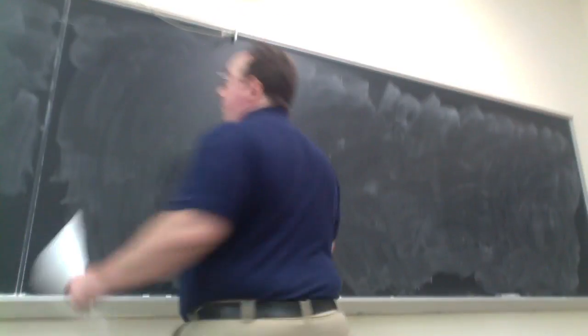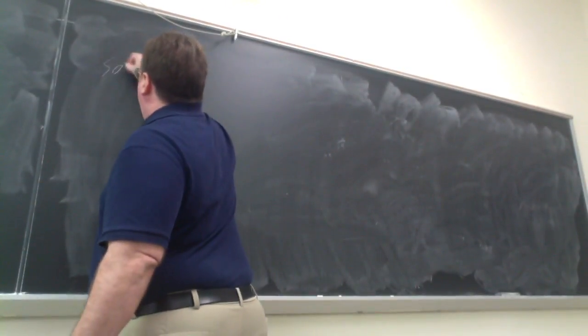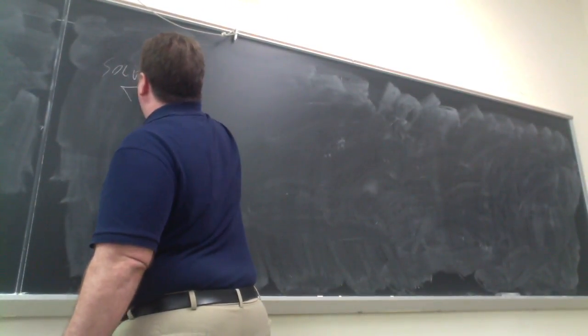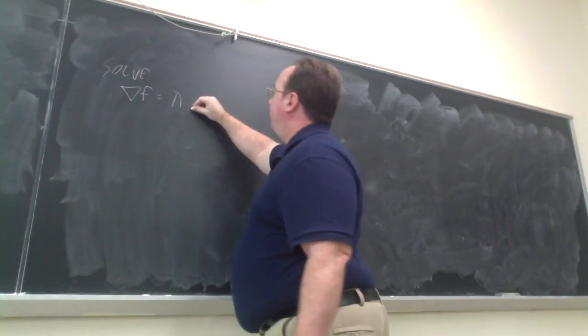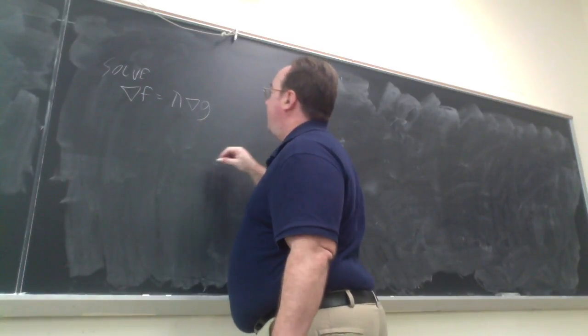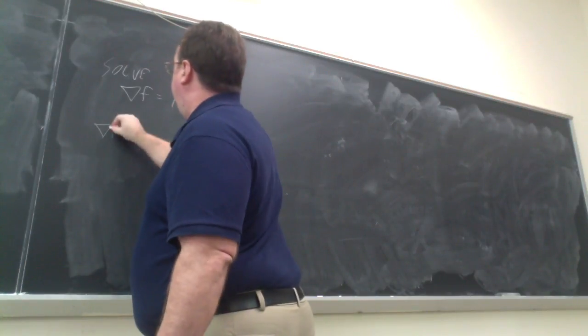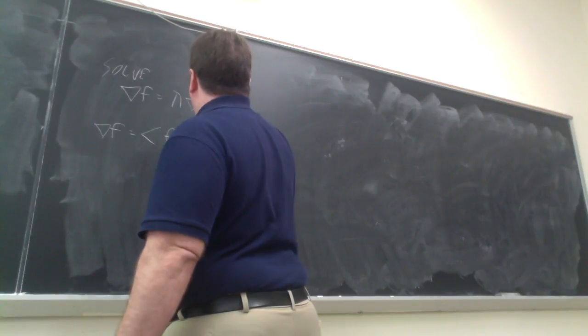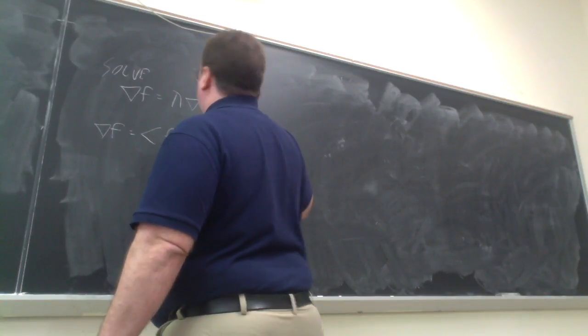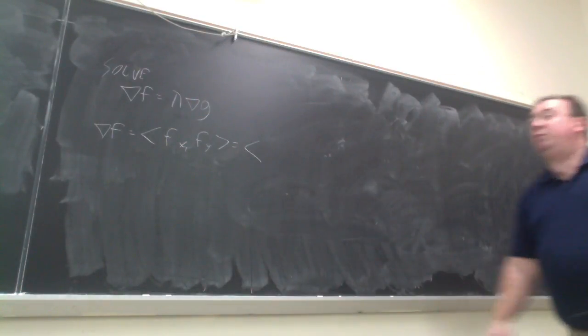Okay. So we're going to solve this equation: gradient of f is equal to lambda, our one and only Lagrange multiplier, times the gradient of g. So to set up these equations, all right, what is the gradient of f?